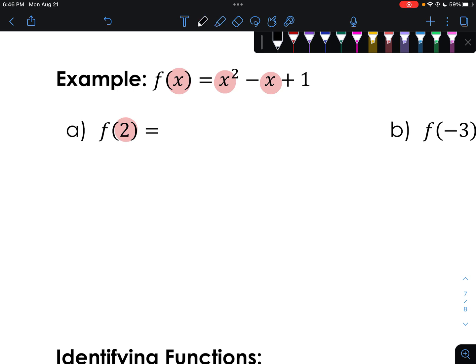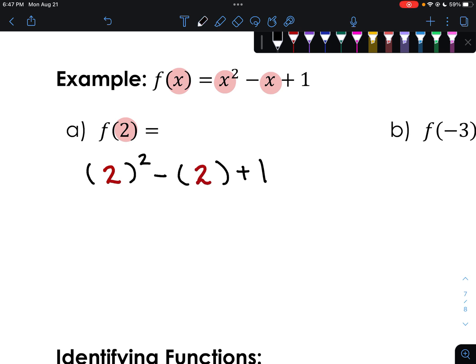So I'm going to write parentheses squared, because I'm going to square some number, minus parentheses plus 1. Everything that is left open was originally an x variable, but now we're going to change it to 2. So I have 2 here, I have 2 here.